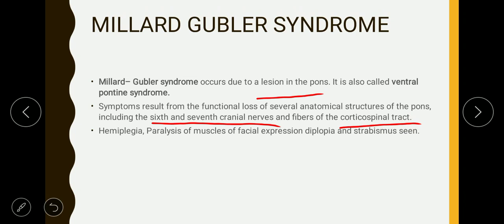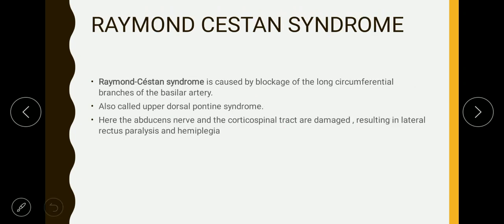When it is damaged, it results in hemiplegia, generally contralateral hemiplegia, as the pyramidal tract undergoes decussation. When the 6th cranial nerve is paralyzed, diplopia and strabismus are seen, and when the 7th cranial nerve or the facial nerve is paralyzed, it also results in paralysis of the muscles of facial expression.